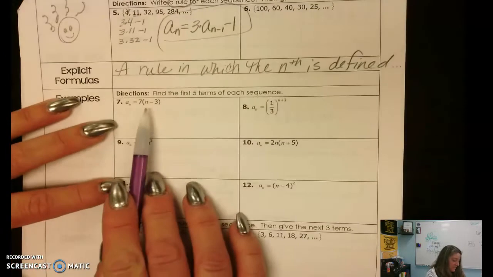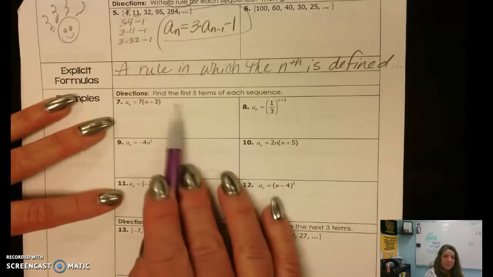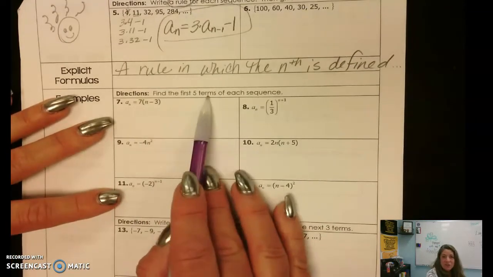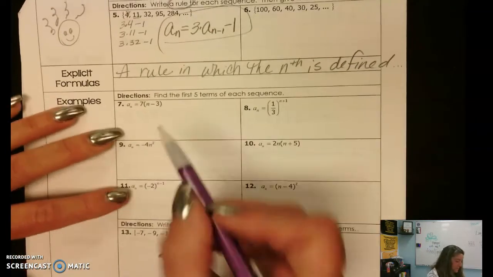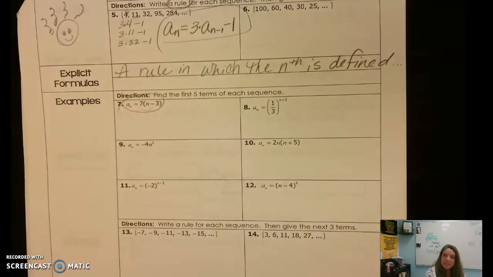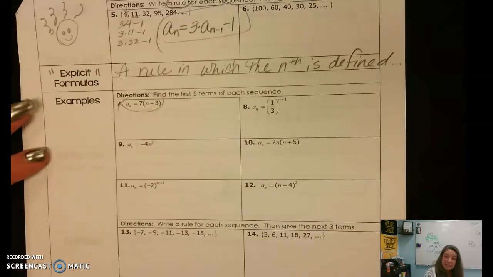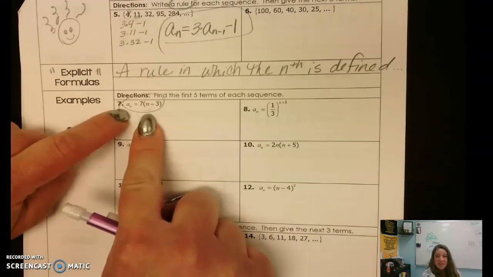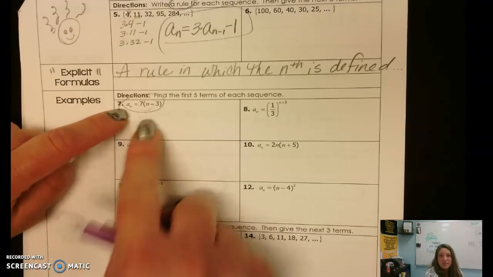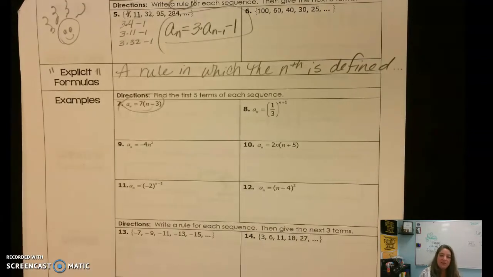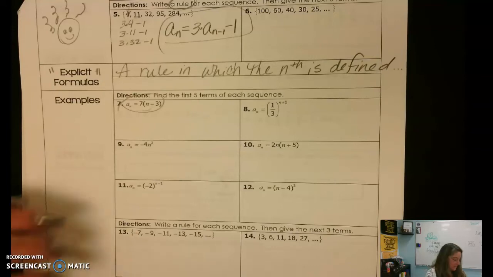So for all of these down here, 7 through 12, you're just going to find the first 5 terms, but this is an explicit formula. So if you ever see the words find the explicit formula, you're going to write down the actual rule that will give you any number in the sequence, okay?